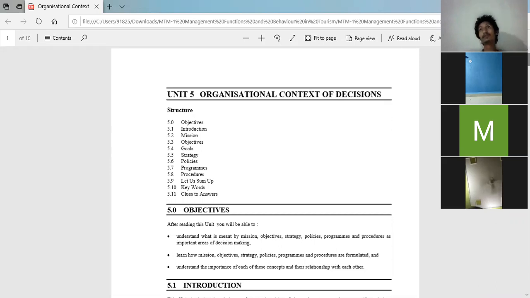Strategy and policy both help to achieve the objective and the goal, right? So this is mission, objective, goal, strategy, policy, program, procedures. These are required to start a company.